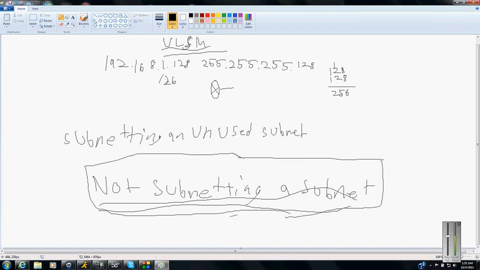Now we need to find out what the increment number is for a /26. It's simple. /24 is three 255s. We know 8 plus 8 plus 8 ones is /24.